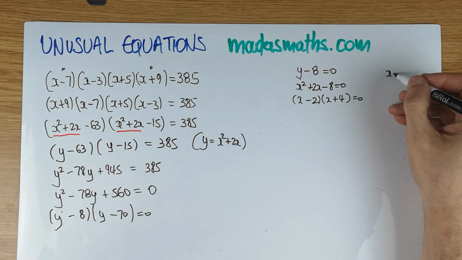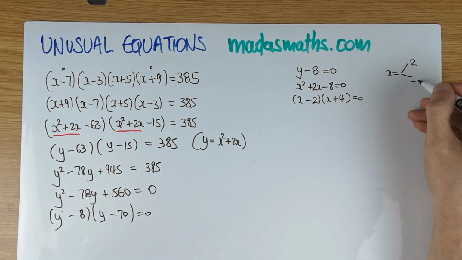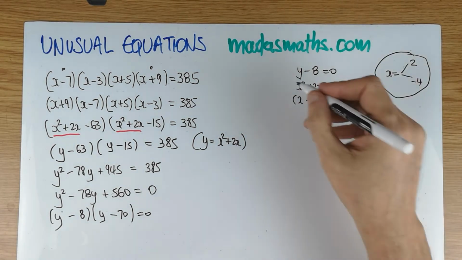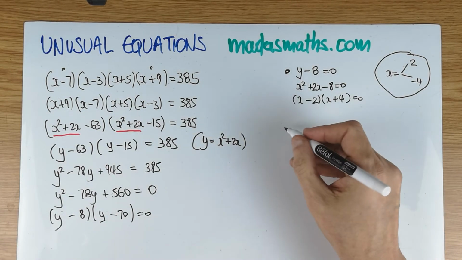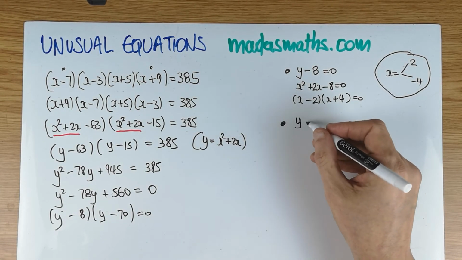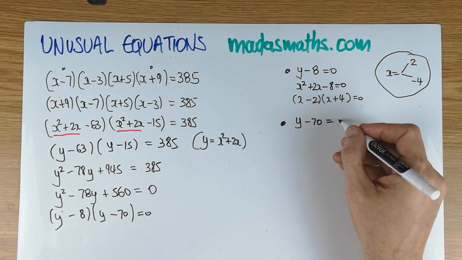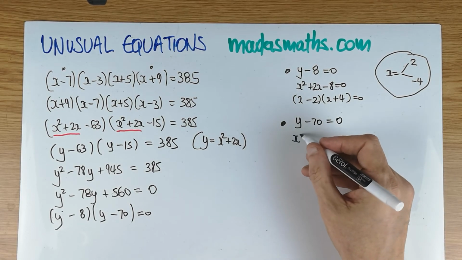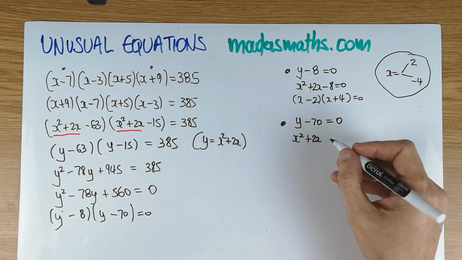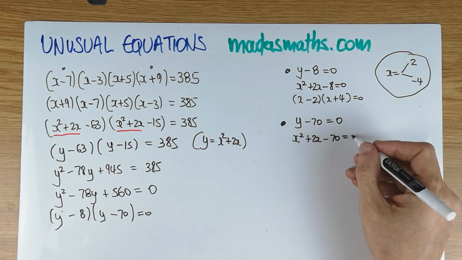So we've got solutions: x is either 2 or negative 4. That's from this bracket here. The other bracket, y minus 70 is equal to 0: x squared plus 2x minus 70 is equal to 0.